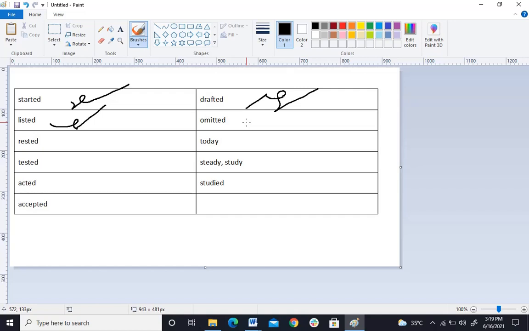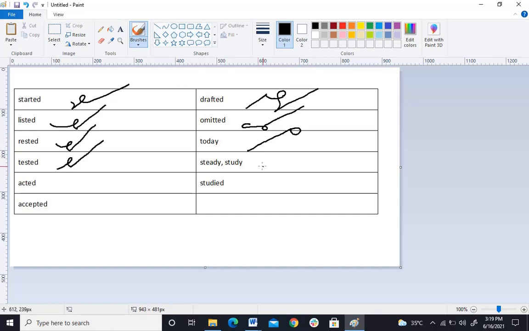We have omitted to make sure para hindi tayo magkamali. Diretso. Omitted. Next, we have rested. Today. Tested.